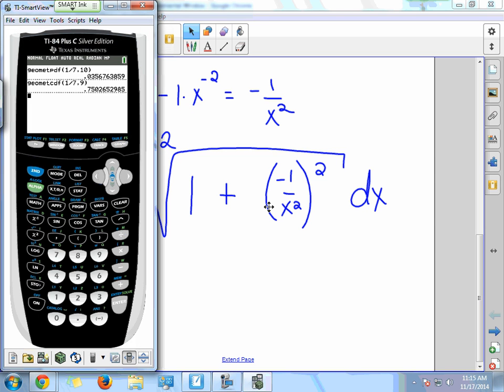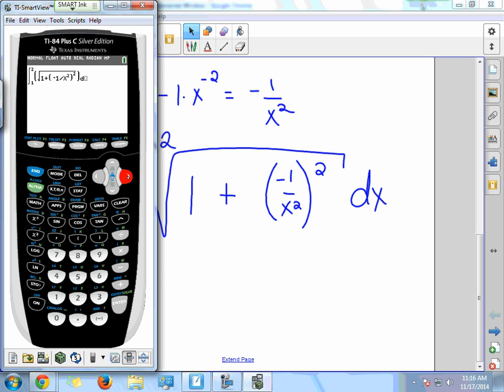Sorry, it takes a minute. All right. So I'm going to integrate from 1 to 2, and my function is going to be the square root, make sure you keep up with your parentheses here, of 1 plus negative 1 over x squared, and then I'm going to square that, and I'm integrating with respect to x.